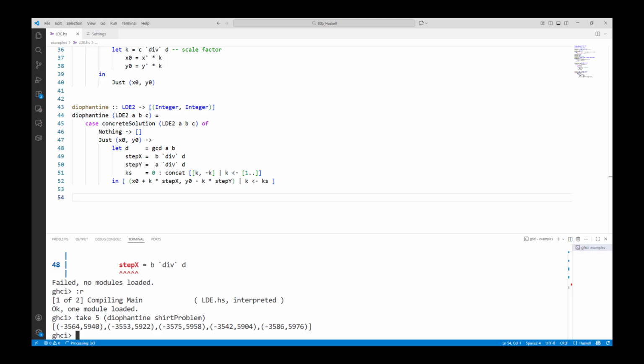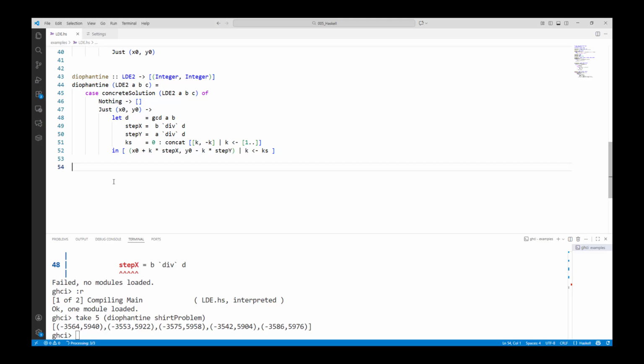Now what we can do is use filter. From all the solutions of the short problem, we only want to keep those that are actually positive, where red is positive and black is positive. So let's write something here. Red is positive.